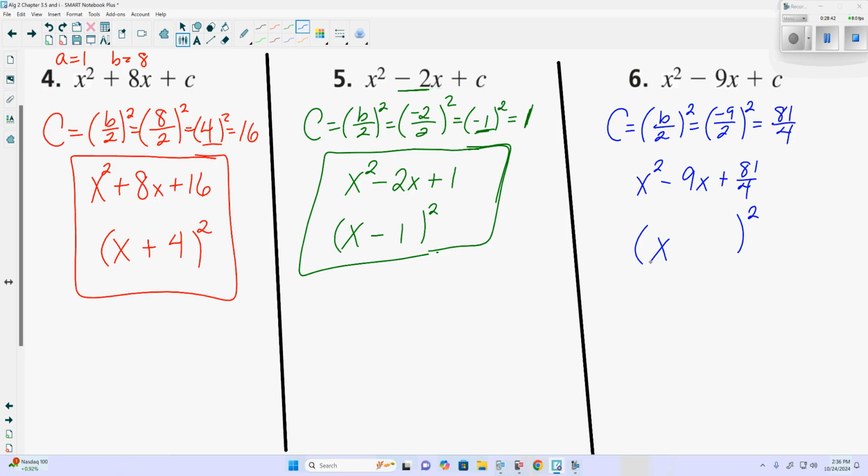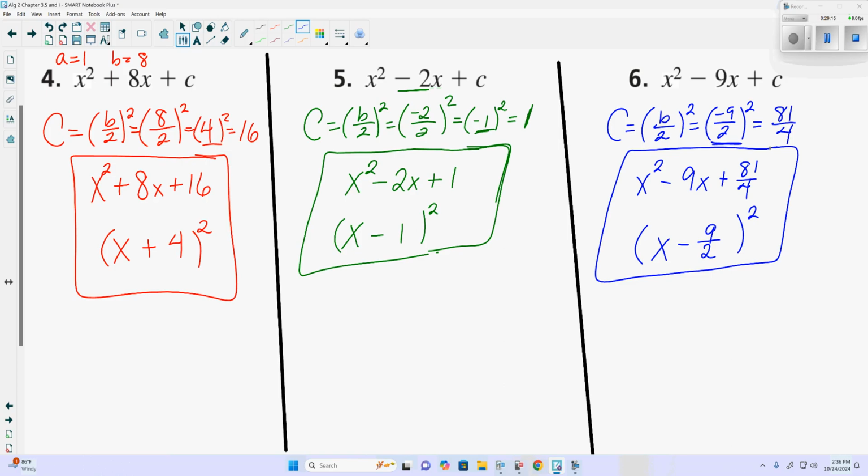Now to factor this, we'll have our set of parentheses squared in x, and the number that goes inside there would be negative 9/2. Because negative 9/2 is the number inside the parentheses before we squared it to find c. So it's our number that goes inside our parentheses when we factor. Questions on this here?